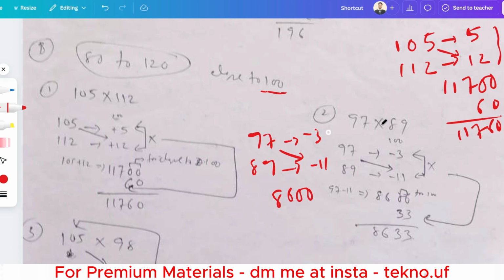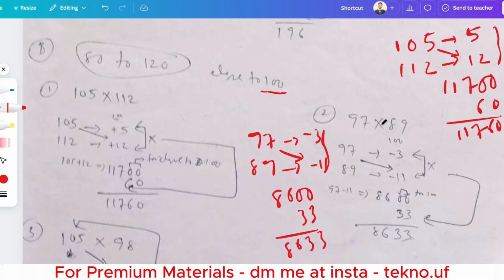Then you have to multiply these numbers. Minus times minus is plus, and 11 threes are 33. So you add this number. 8633 is the answer. See, these are very easy steps if you follow this.